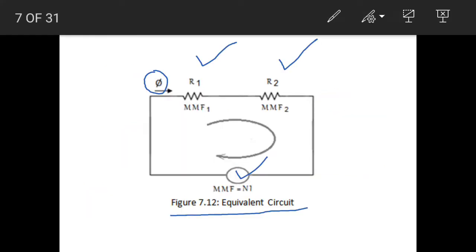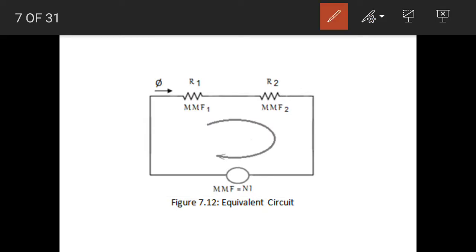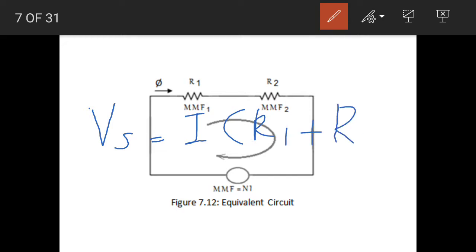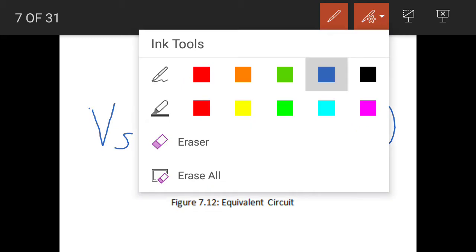So as this is a series circuit, let us consider the circuit once again. This is a series magnetic circuit, and we know that a series magnetic circuit is analogous to an electrical circuit. In an electrical circuit, Vs will be equal to I into R1 plus R2, if we consider two resistors in series.